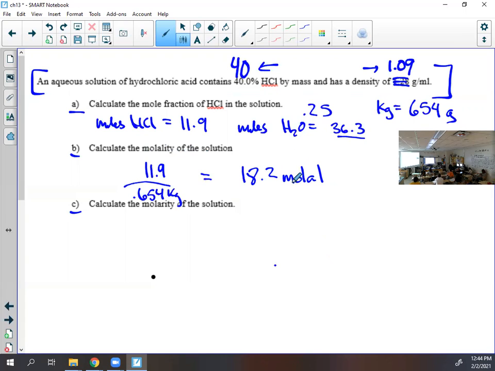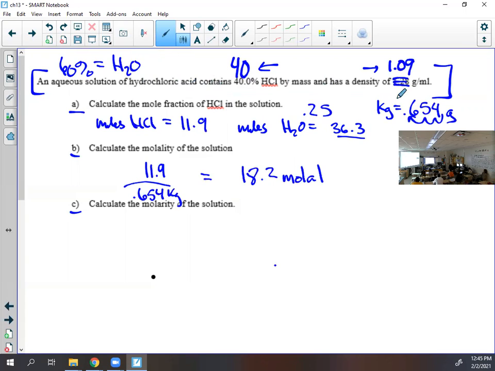I'm still having trouble converting to kilograms. From the grams, you just move the decimal 3 places to the left. The 654 came from 60% of the mass of this substance being H2O.